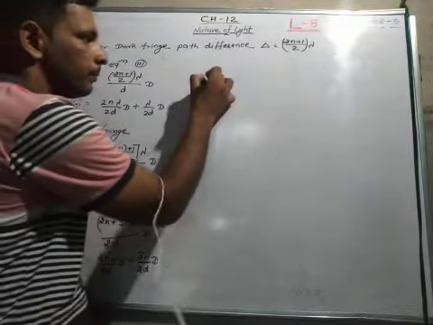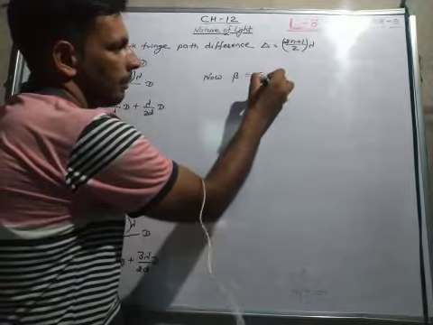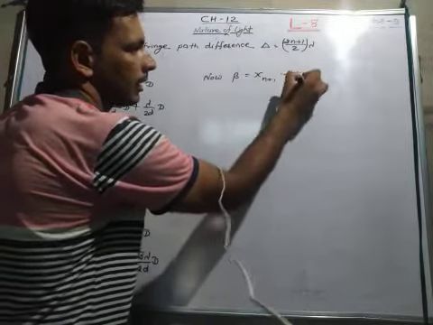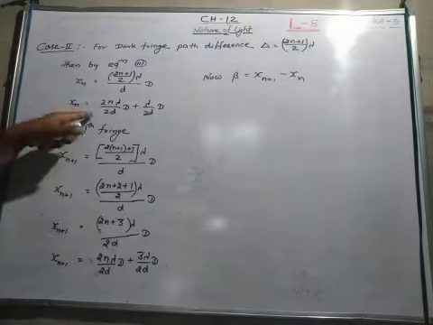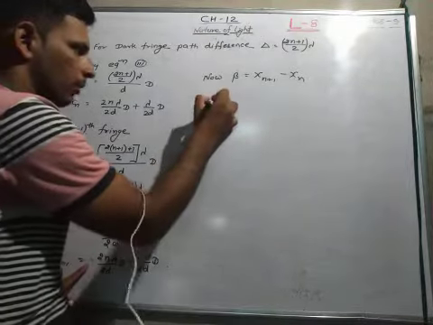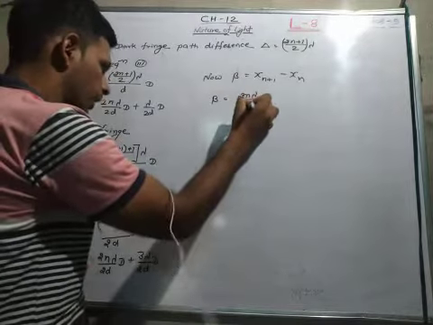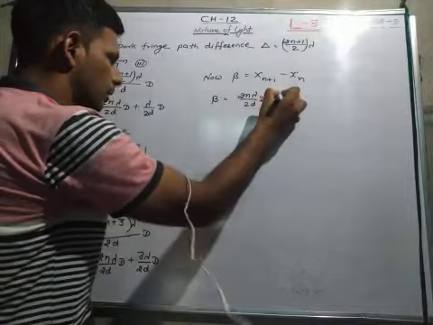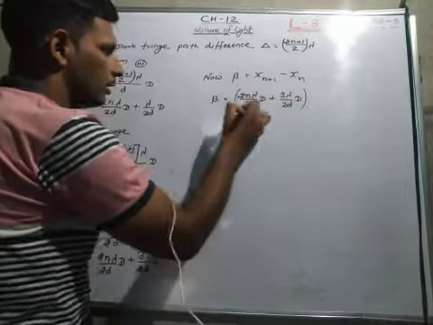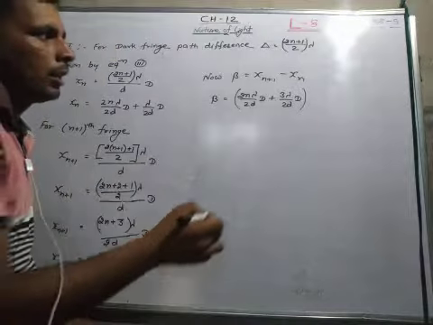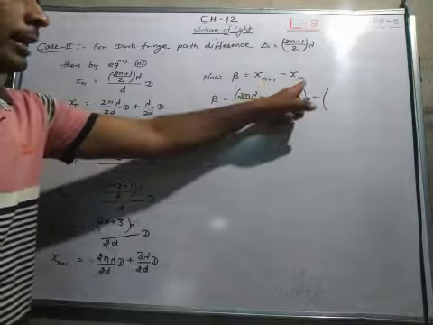Now beta is equal to xn plus 1 minus xn. We put the value of xn plus 1 and xn. Xn plus 1's value is 2n lambda upon 2d into capital D plus 3 lambda upon 2d into capital D. This is the value of xn plus 1, minus the value of xn.